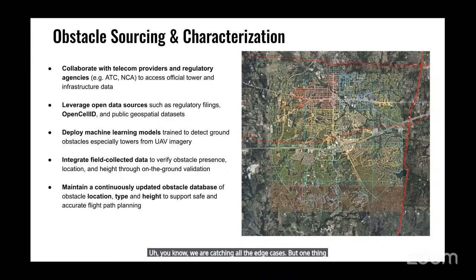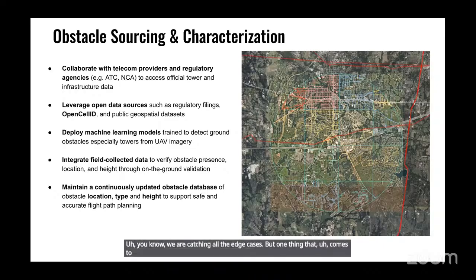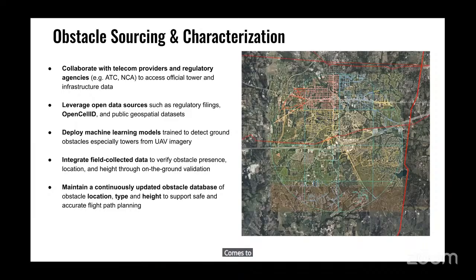One thing that comes to mind in terms of edge cases is when we validate some elevation data. One of the very typical sources of errors in the GIS world is having the wrong datum. If your datum is wrong, all the elevation values you are getting will be wrong.